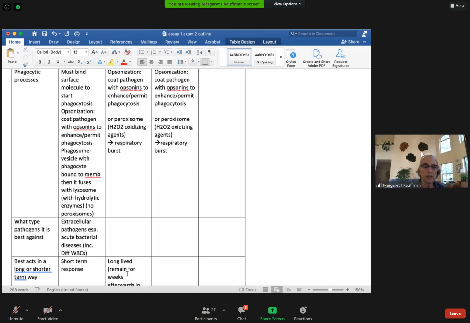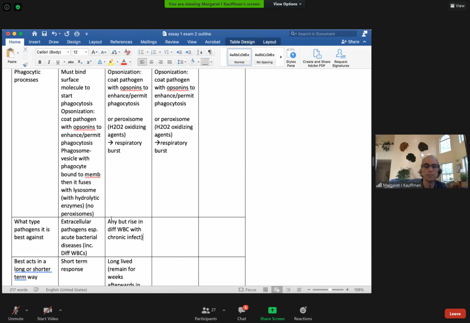So given the long-lived nature of this, again, for our differential white blood cell, we'll say any, but a rise in differential white blood cell count with chronic infections.